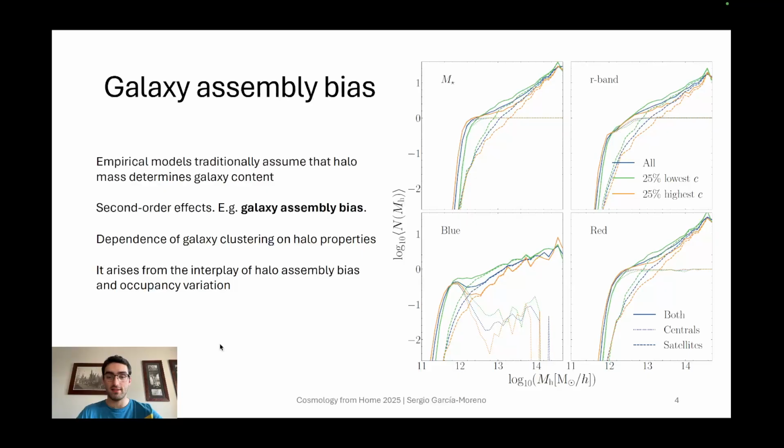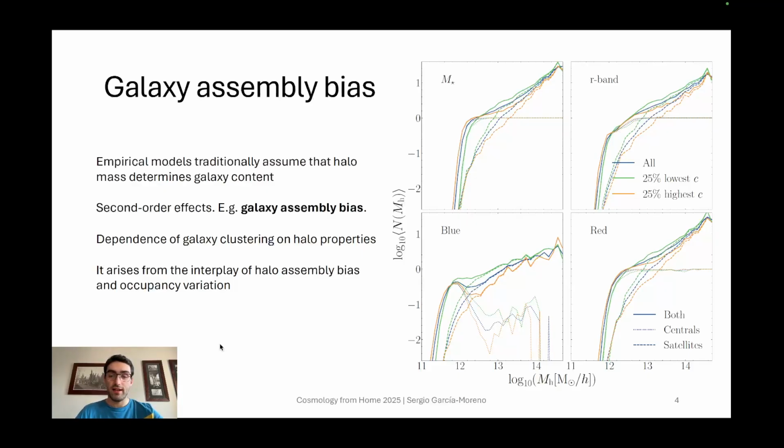Even if all galaxies prefer to populate halos with higher values of a given property, if there is no halo assembly bias due to that halo property, then there will be no galaxy assembly bias.